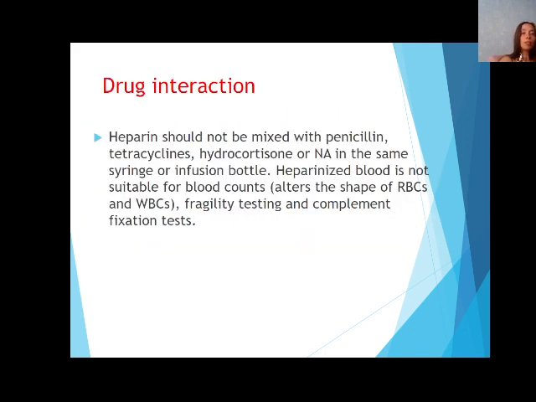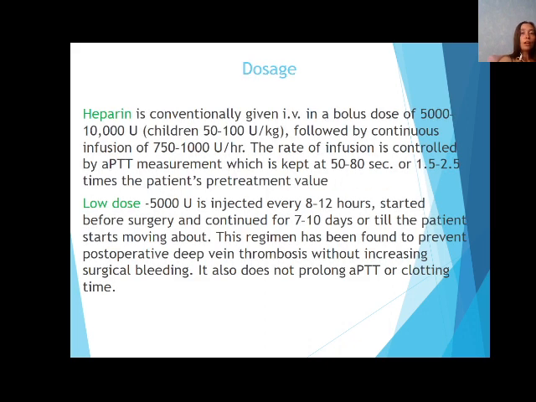What about drug interactions? Heparin should not be mixed with penicillin, tetracycline, hydrocortisone, or noradrenaline in the same syringe or infusion bottle. Heparinized blood is not suitable for blood counts, fragility testing, and complement fixation tests. What about dosage of heparin and low molecular heparin?